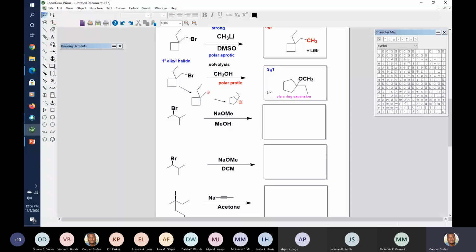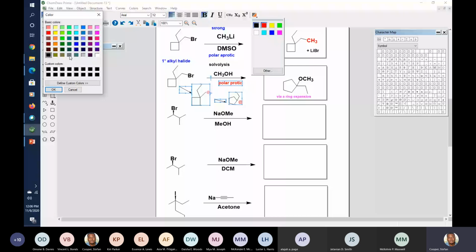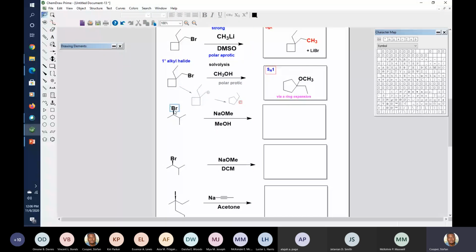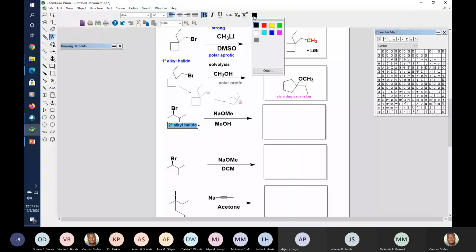I just need to put this in gray. It just helps me not to see. All right, so I have this bromide, and this bromide will be classified as a secondary alkyl halide. I have NaOMe.